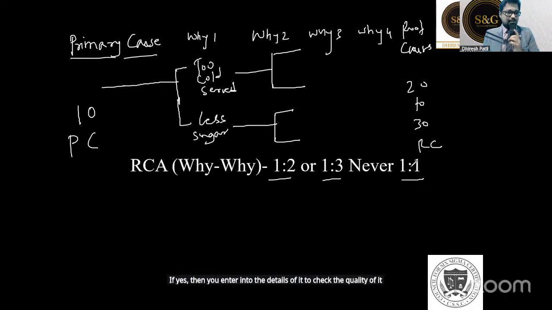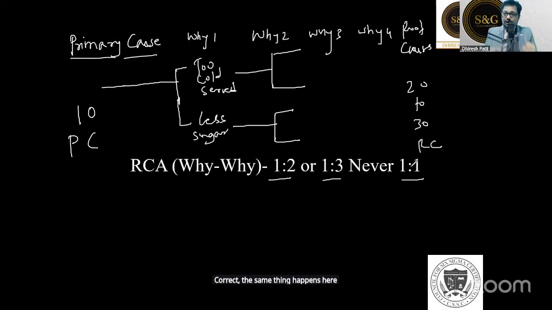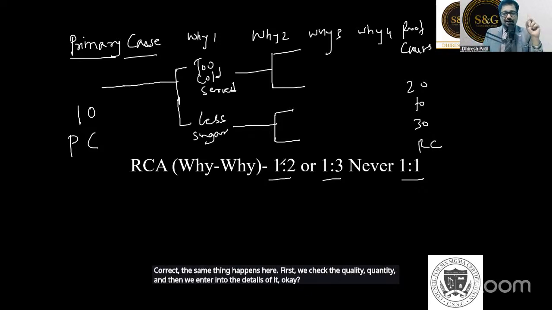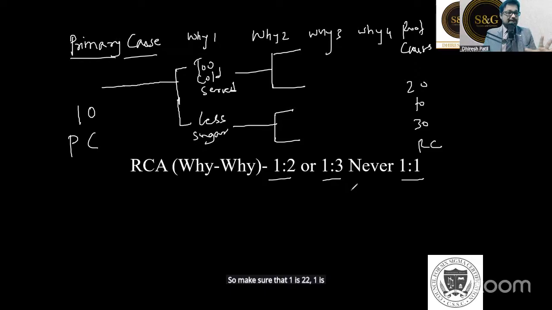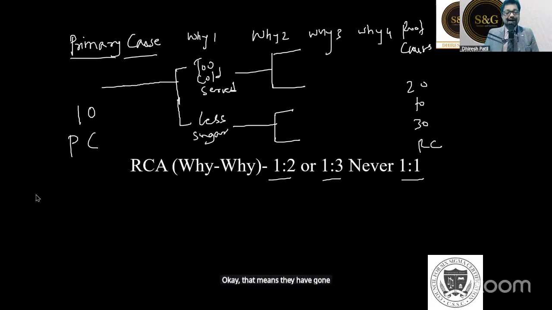Just like, for example, when we take incoming material, first we check the quantity of incoming material and then we enter into the quality check. Correct? The same thing happens here. So make sure that 1:2, 1:3 minimum has to be there. If it is 1:4, 1:5, that's fantastic. That means they have gone into great depths of it.